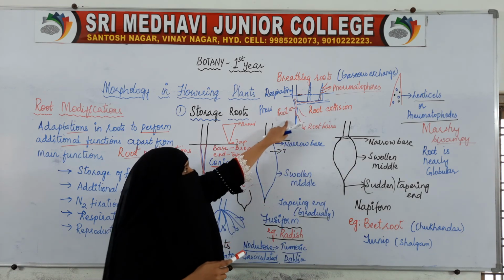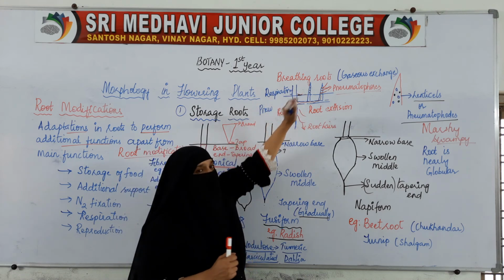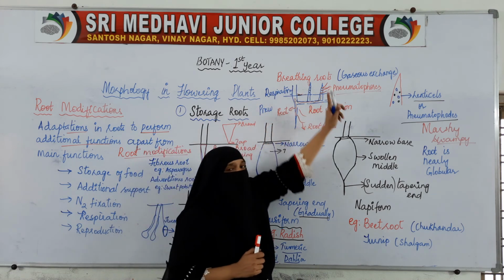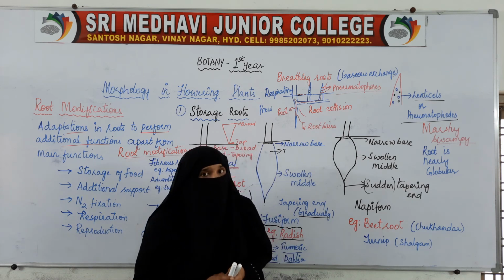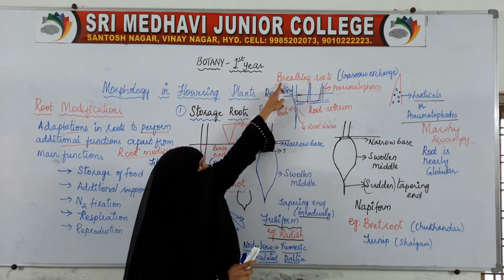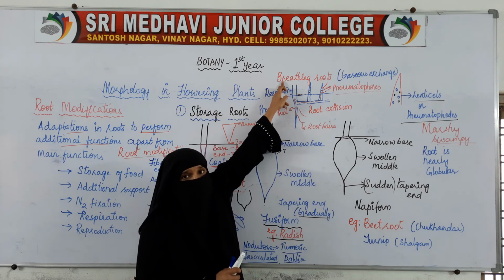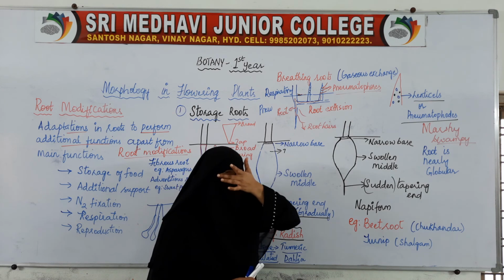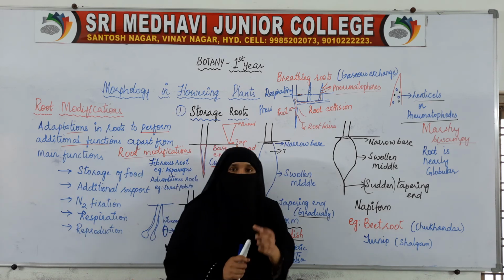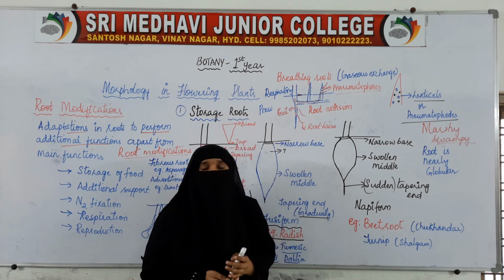This type of root which helps in respiration or gaseous exchange is called a respiratory root, or we can even call it a breathing root, or a pneumatophorous root, that is, roots bearing pneumatophores.